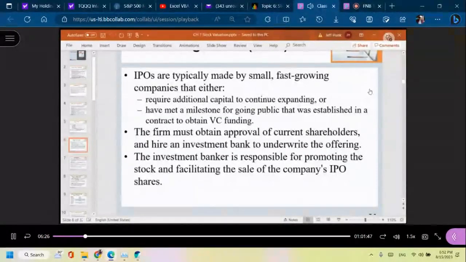Like Bill Gates, Microsoft, started building computers from his father's garage, and also Steve Jobs and Steve Wozniak. They also started building computers from Steve Jobs' parents' garage, and Michael Dell, the same thing. Facebook also started out as a college dorm project at Harvard.